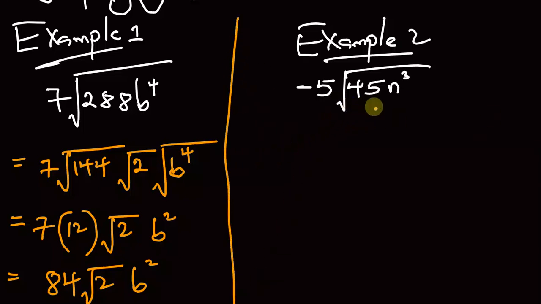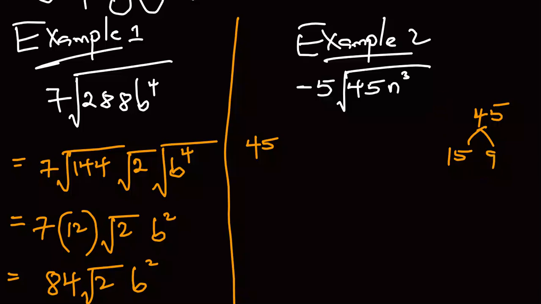Which two numbers when you multiply we get 45? We are going to start with 45. Check on how I'm finding the numbers. I know 15 times 9, we get 45. But 9 is a perfect square.